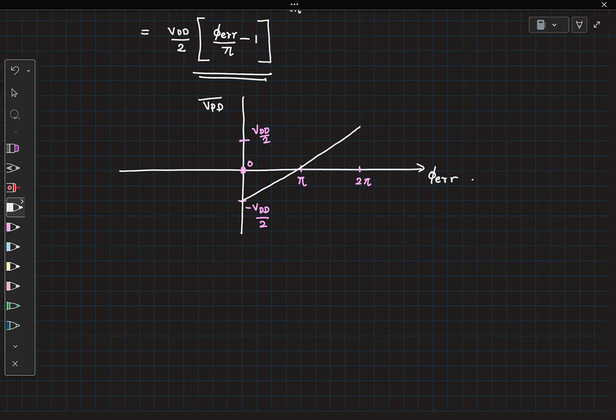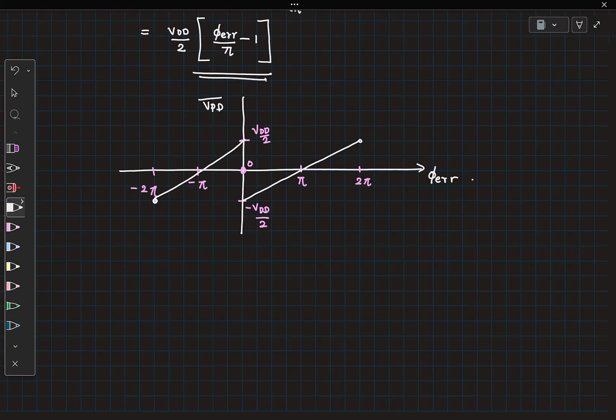And this is true on the negative side also. Minus pi, minus 2 pi. You will have the curve that looks like this. Right?